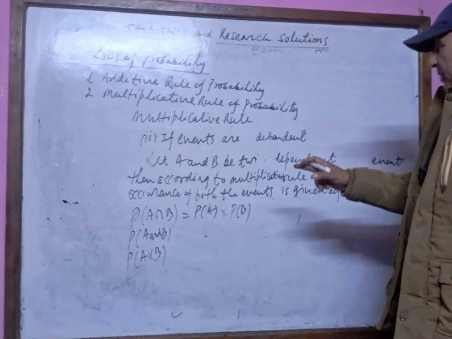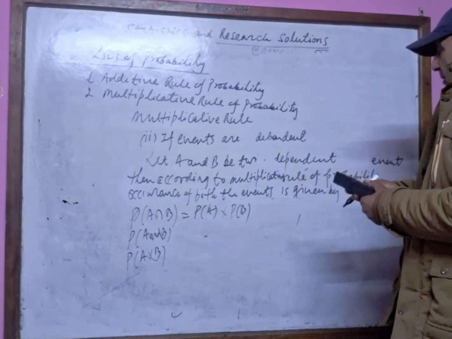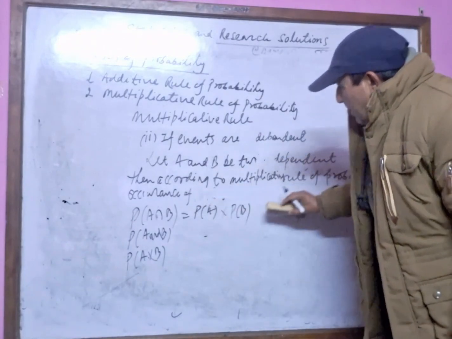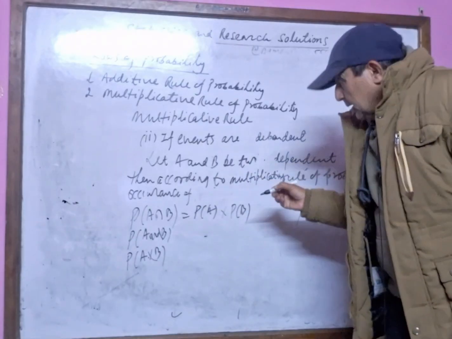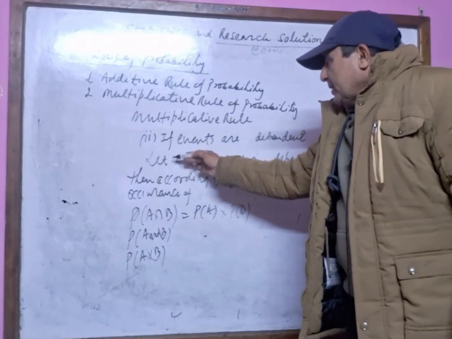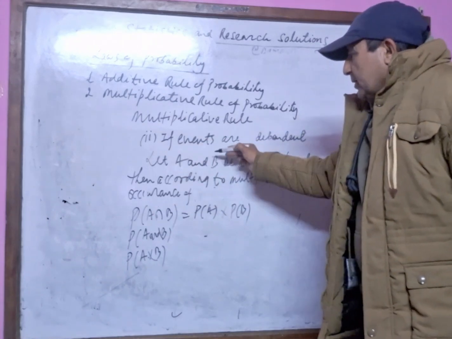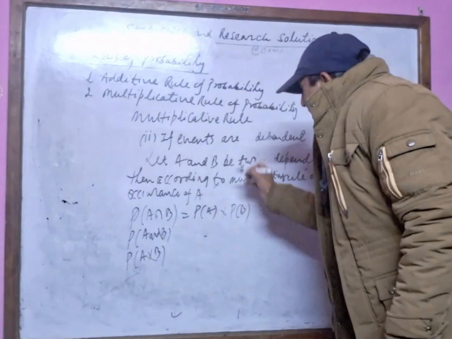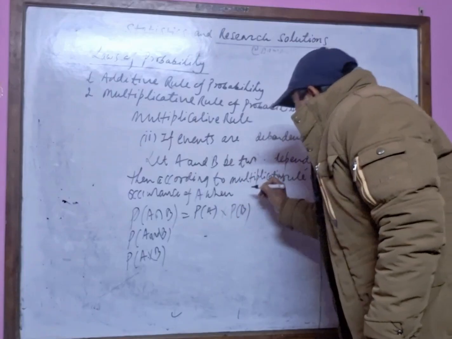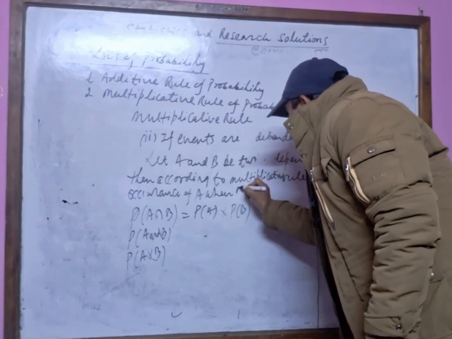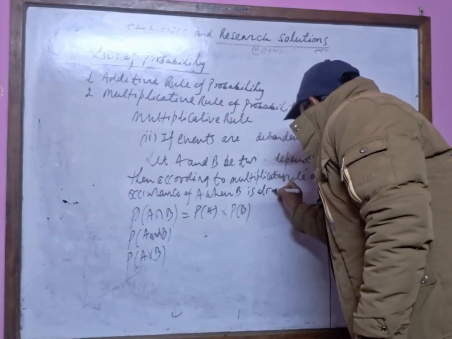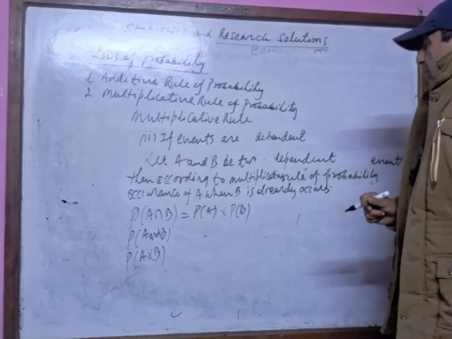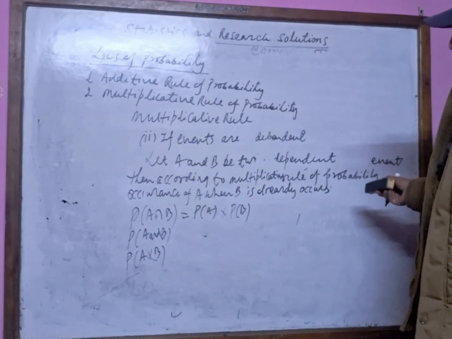According to the multiplicative rule of probability, consider the occurrence of event A when B has already occurred.